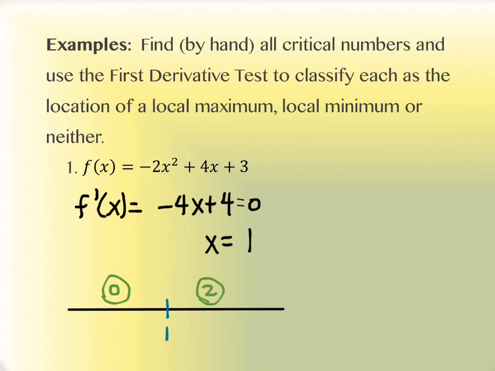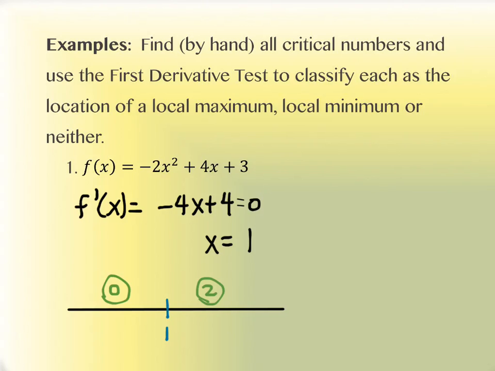If you don't test the same numbers as me, it doesn't matter. It won't change your answer. Okay, so you pick a number on either side, or let's say, for instance, we had critical numbers at 1 and 6. Well, if we had them at 1 and 6, we'd have to test 0, 2, and maybe 8 or something like that. I mean, we'd have to test more points. So you test whatever you have spacing apart on your interval.